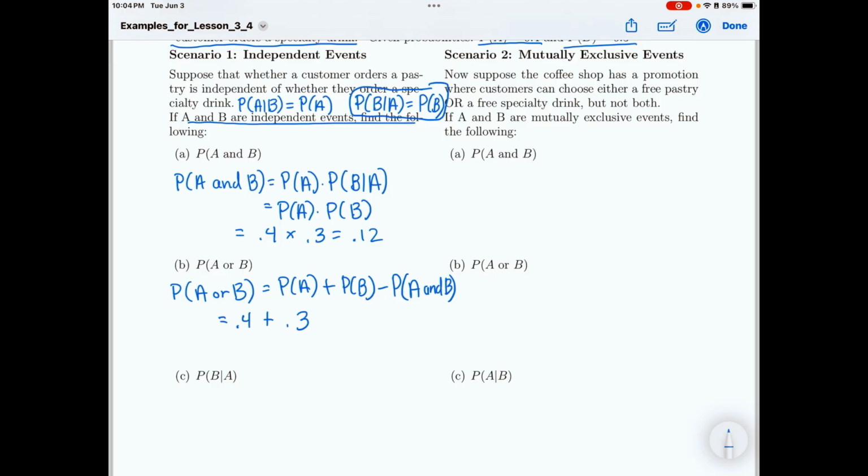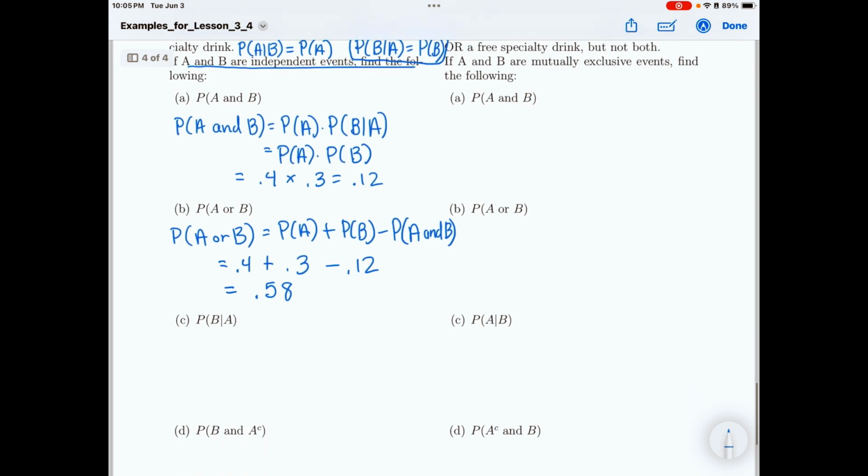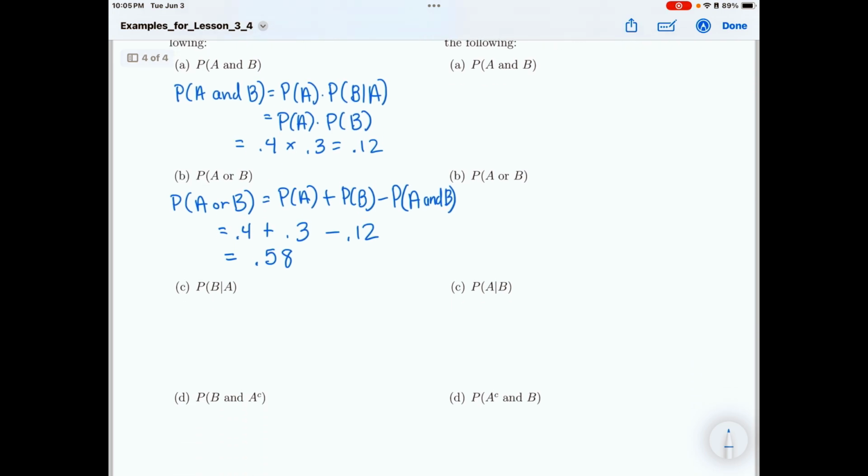The probability of A is 0.4, the probability of B is 0.3, and the probability of A and B is 0.12, so we're going to subtract 0.12, and when we work that out, we're going to get an answer of 0.58 for the probability of A or B.